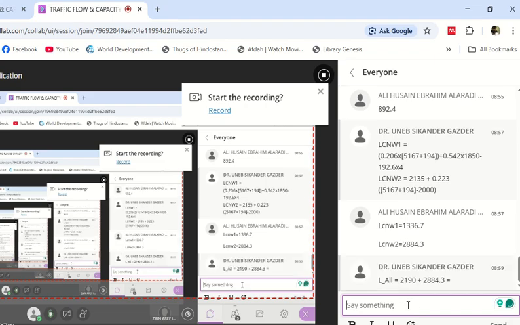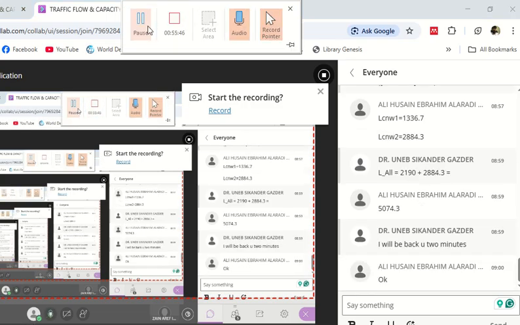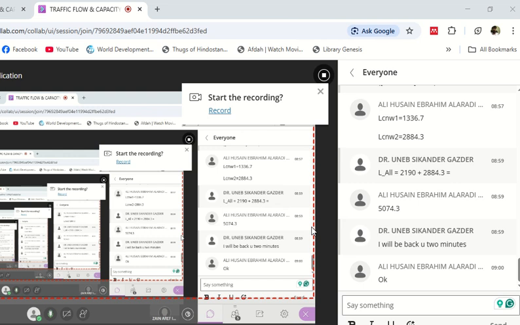How much is this? Okay, so I am back, and we calculated all the lane changes.